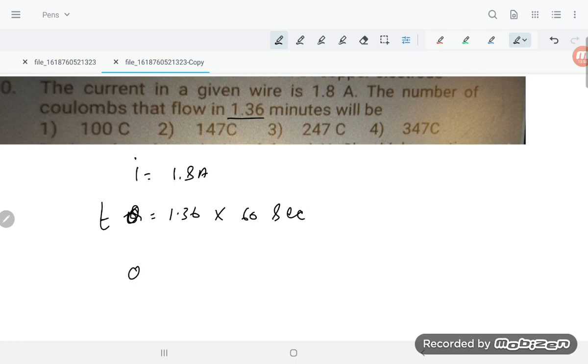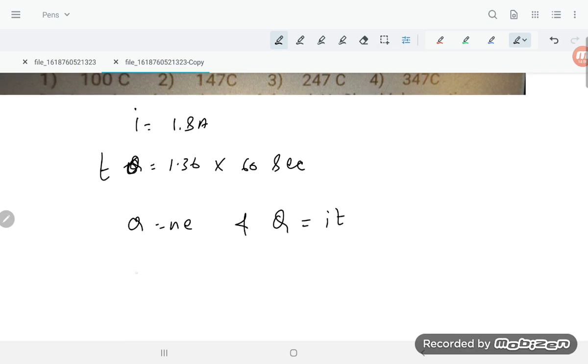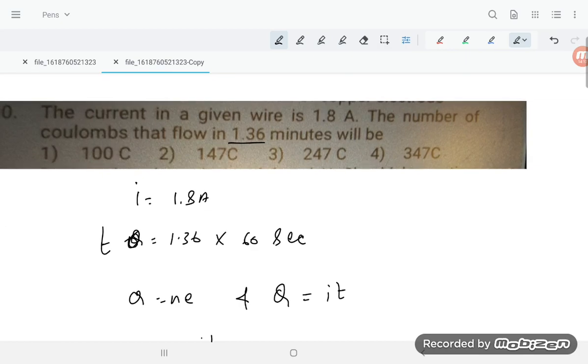We know students Q is equal to nE and Q is equal to IT also. So nE is equal to IT. So n is equal to IT upon E. So this way also we can solve this problem.